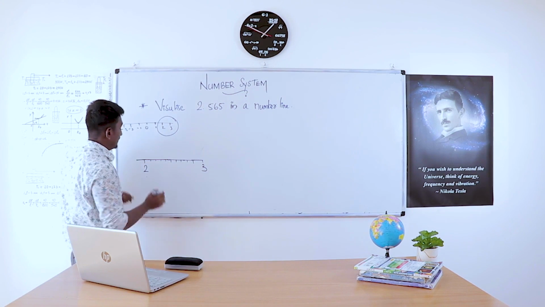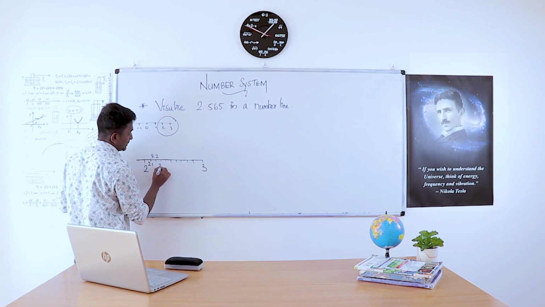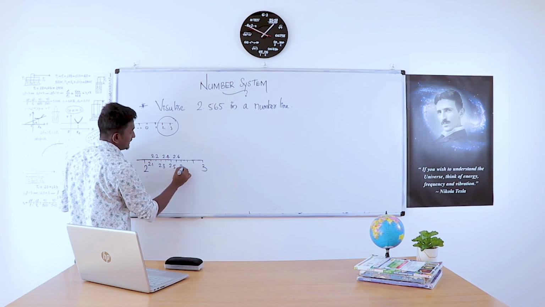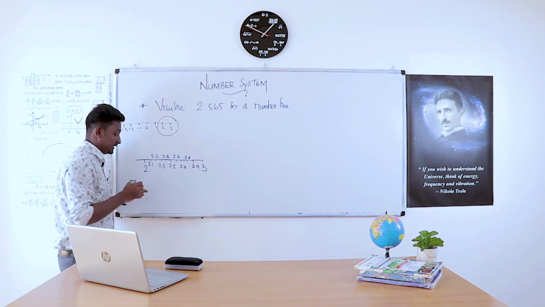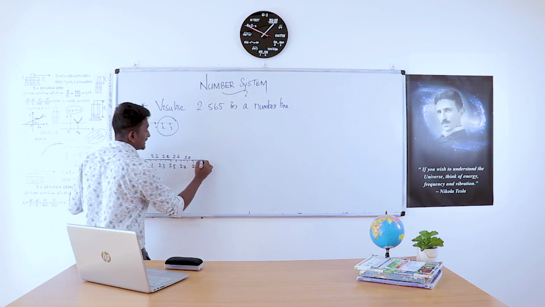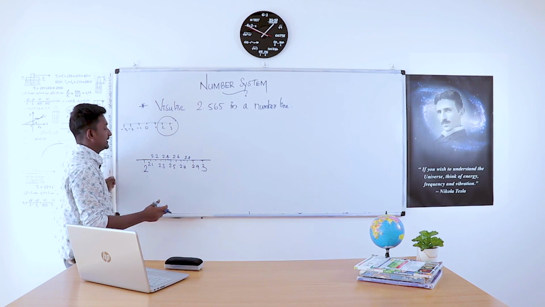Now, in between 2 and 3, there are 2.1, 2.2, 2.3, 2.4, 2.5, 2.6, 2.7, 2.8 and 2.9. Then comes 3. That means in between 2 and 3 we have 10 divisions.